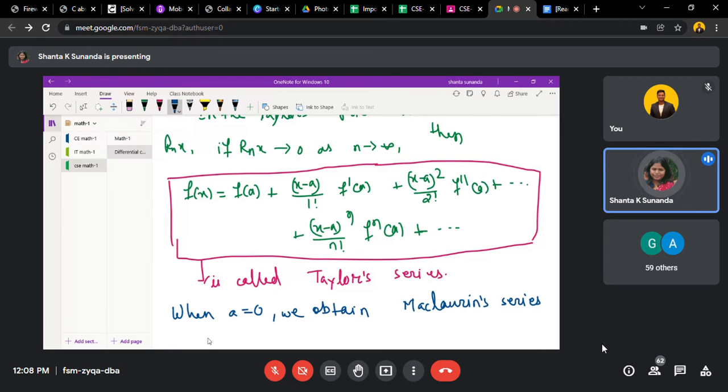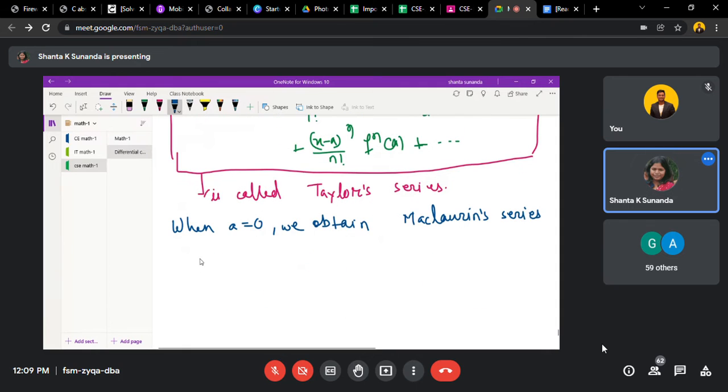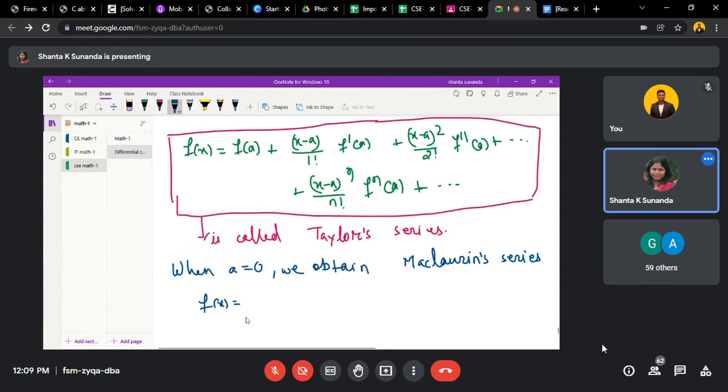So what happens to the series? You can see f(x) equals f(0) plus (x minus 0), which is x, by 1 factorial times f'(0), plus x squared, since x minus 0 squared is x squared. Then here the second order derivative, then here we have the third order derivative.